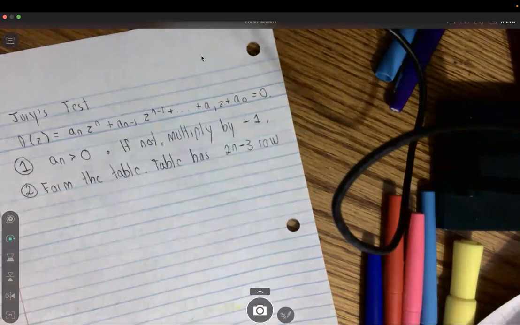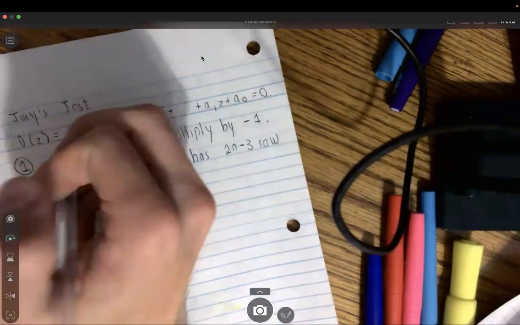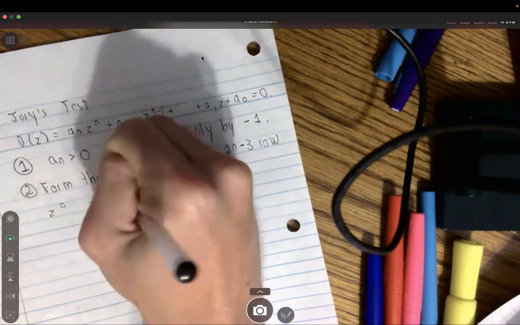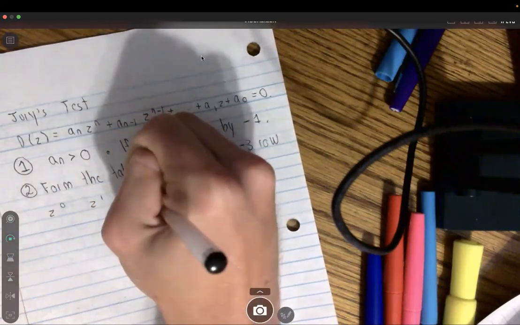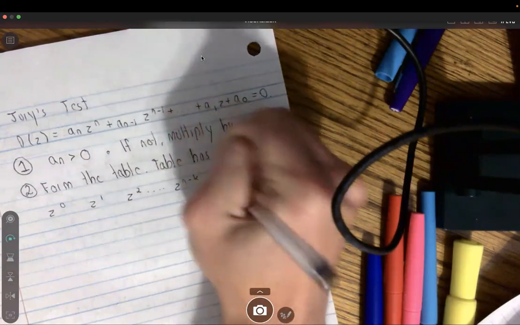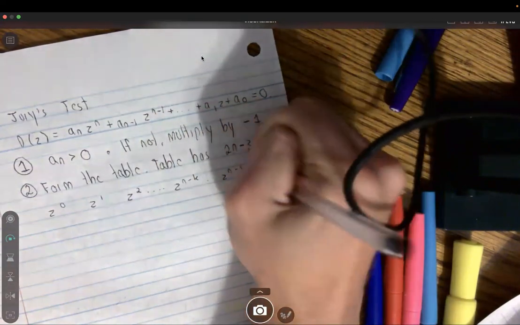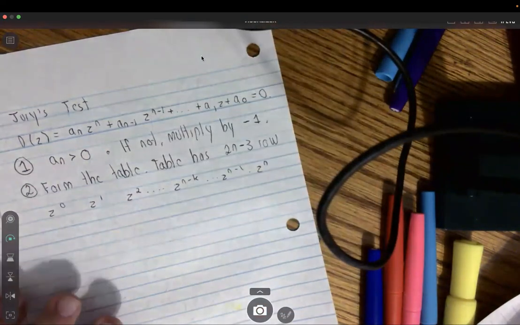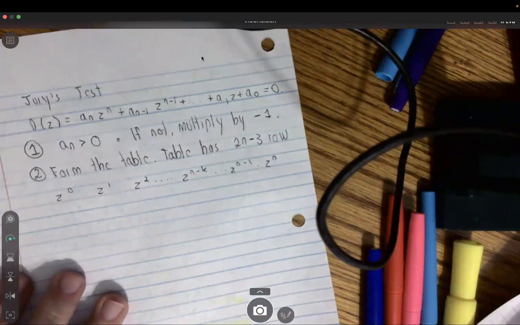Then for your Jury's table, the columns are z^0, z^1, z^2, ..., z^(n-k), then z^(n-1), and then z^n.